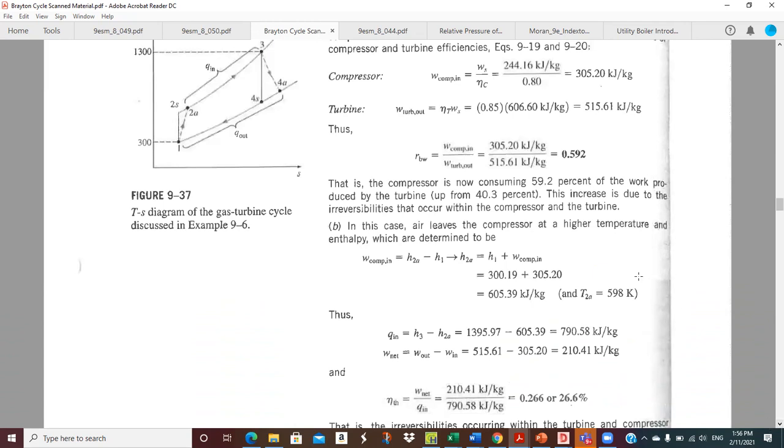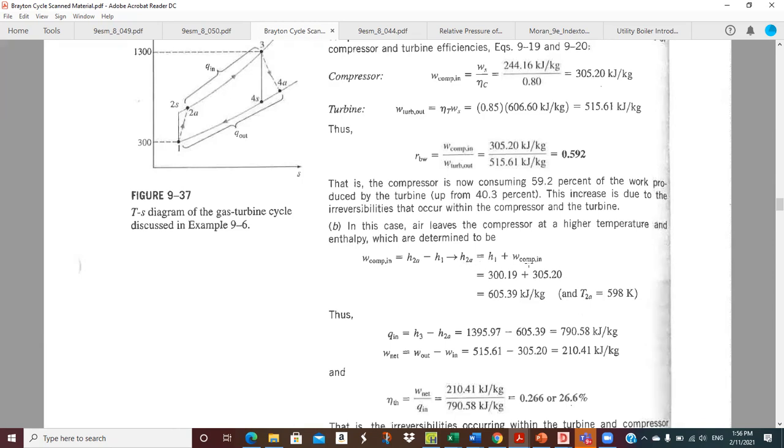Now he has to get the enthalpy coming out of the compressor, the actual one. He just uses the definition: compressor work, which he knows, 305.2, is the exit enthalpy minus the entering enthalpy. He knows the entering enthalpy and the work, so he solves for H2A.